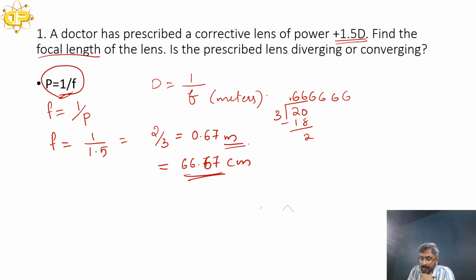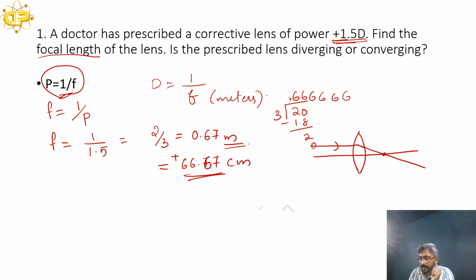Now the question is whether it is positive or negative. It is a positive value. And is the prescribed lens diverging or converging? So a positive focal length means which lens is used here? If I'm using a convex lens, then definitely a light ray passing through it will converge and go through a point.